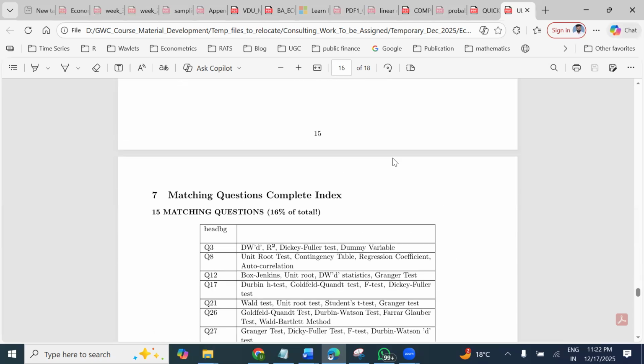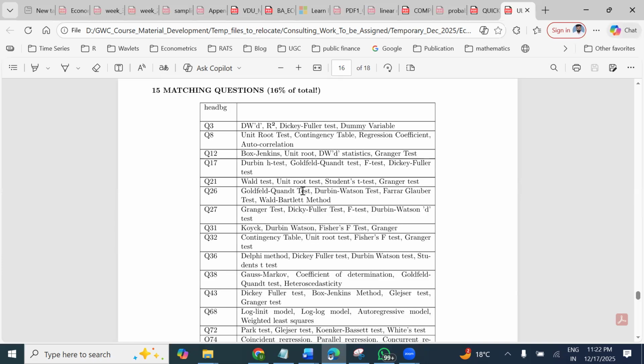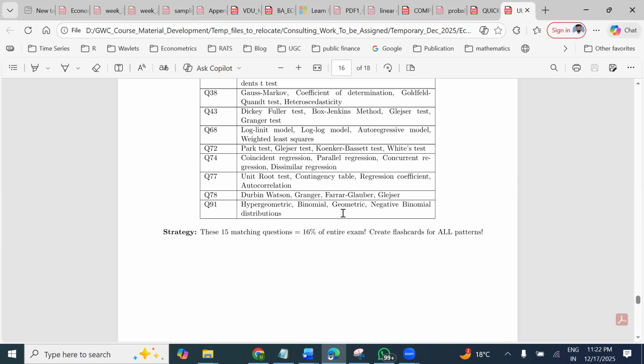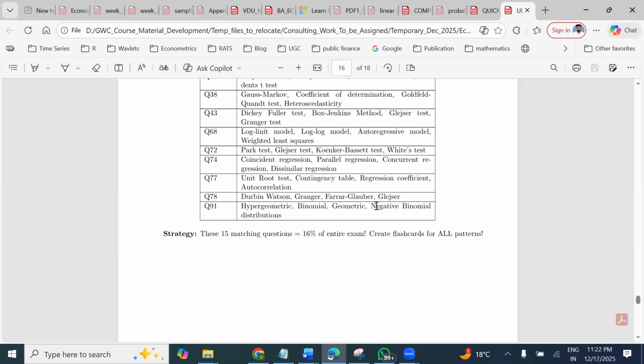I think the matching questions index has also been prepared very nicely. These are the questions which are repeated. It means that 16% of the entire exam has a lot of repeated questions. They cannot avoid these topics, so at least make sure you are not missing any questions from this repetition.